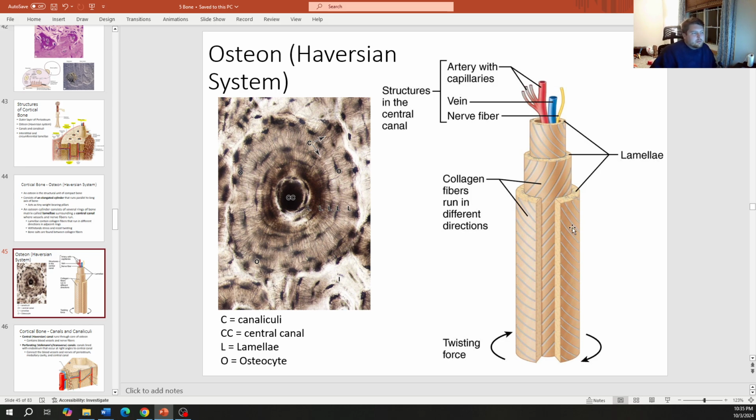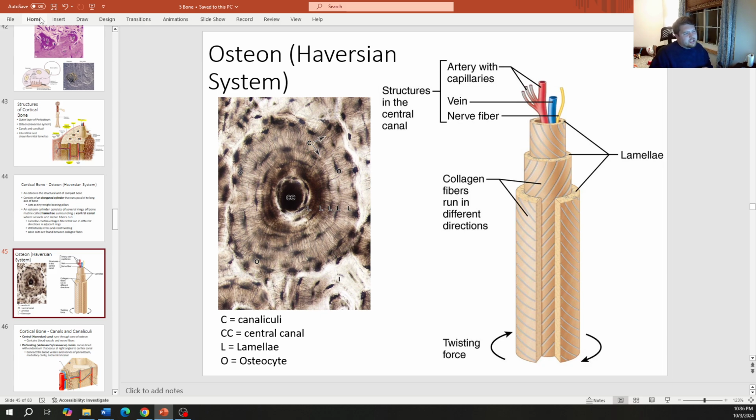And the lamellae are built so that the fibers within them are running in different directions. I'm not sure if in anatomy you guys have talked about the discs yet, but the discs are the same way, where their fibers in different layers crisscross.